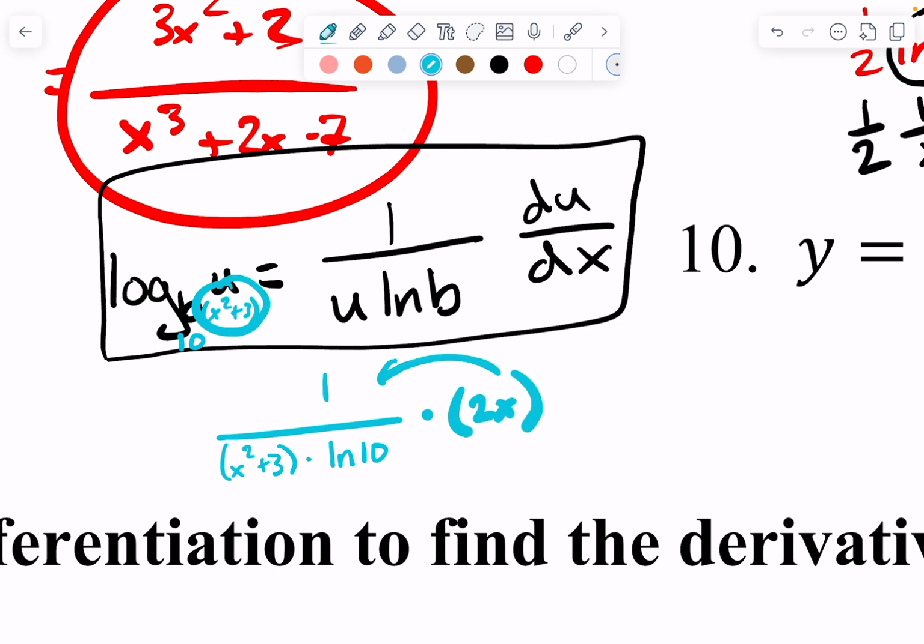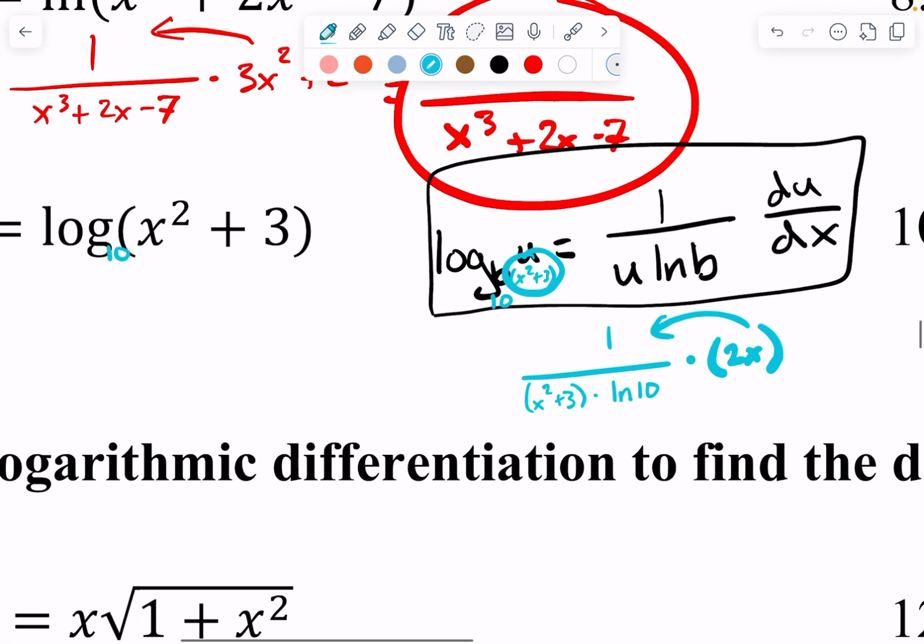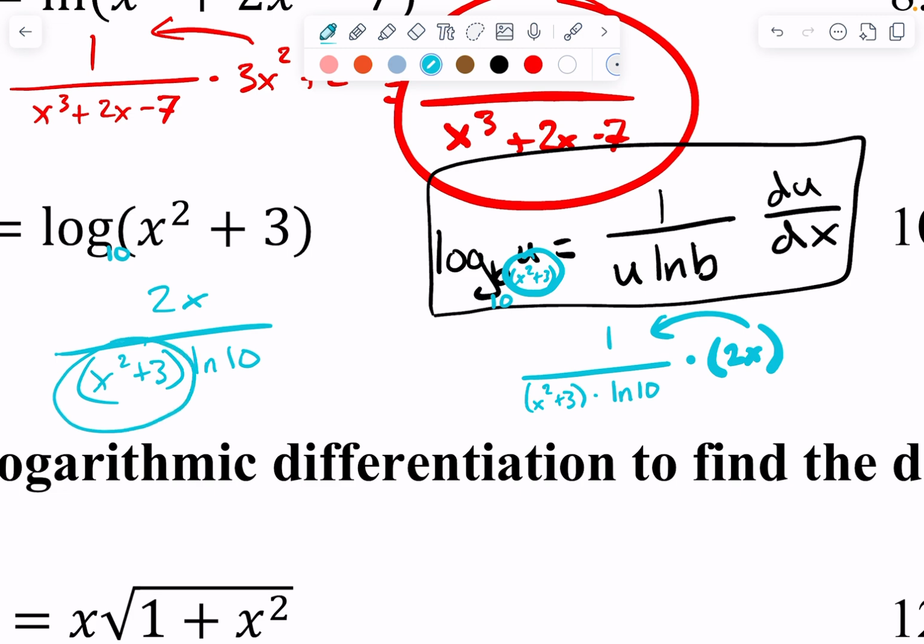And I'm going to lump him on top. And that's all. 2x over x squared plus 3 times ln 10. Don't forget to put parentheses around him. He needs them.